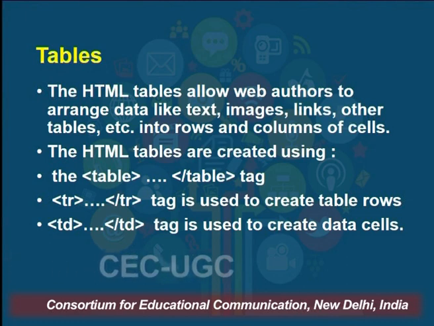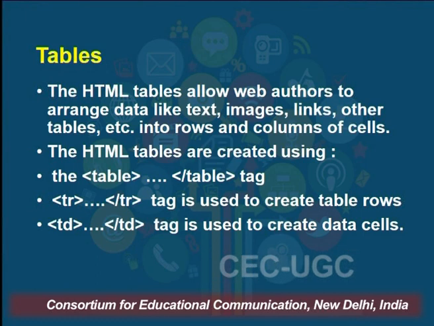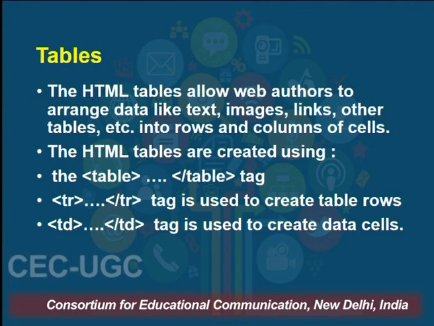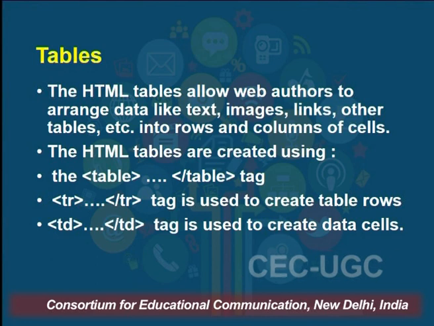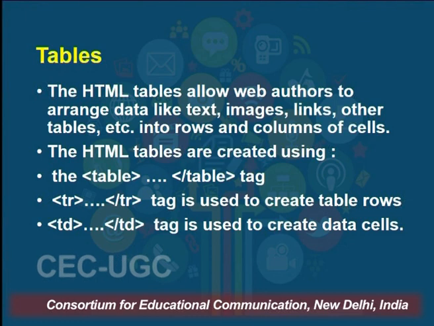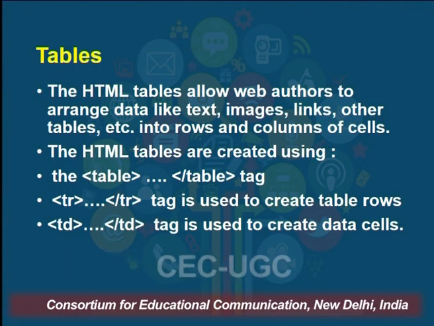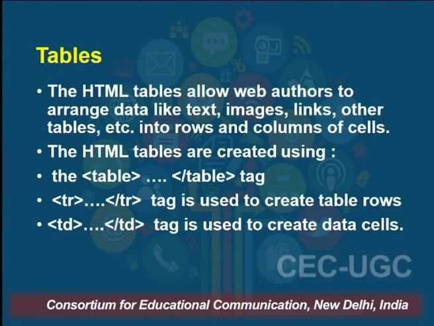Then you use the TR tag. TR stands for table row. It creates the rows of the table, and you have to close the TR to specify where the row is ending. Then you have the TD tag, which is used for creating the columns in the table, or what we call the cells of the table.